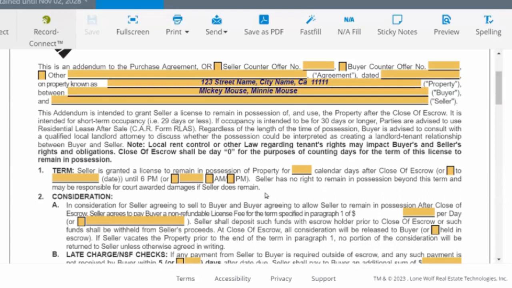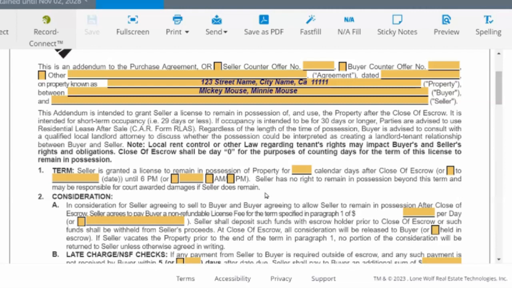And so what that language is telling us is if the seller remains in possession longer than what they're supposed to, we're probably going to have to take them to court and get them evicted, unless it's just a day or whatever, not as big of a deal.